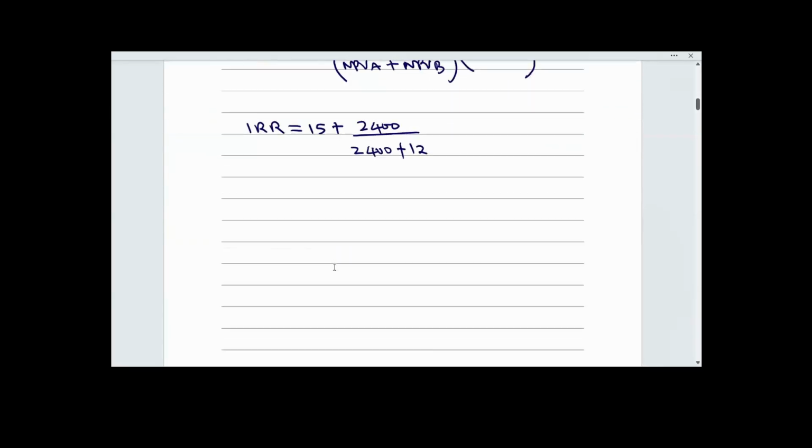Yes, 12,080. So the higher discount rate is 20, the lower discount rate is 15.